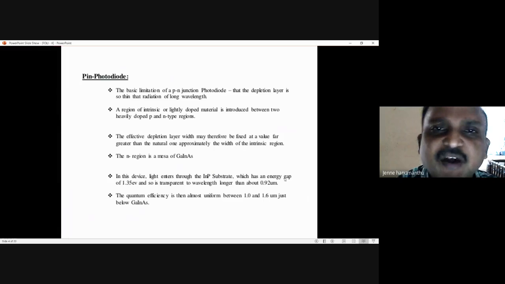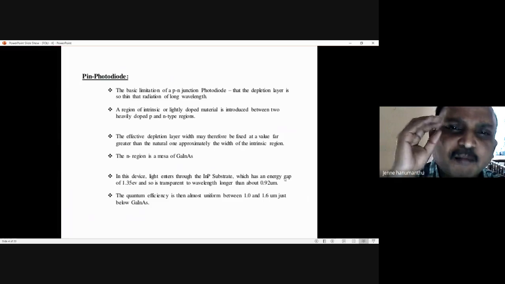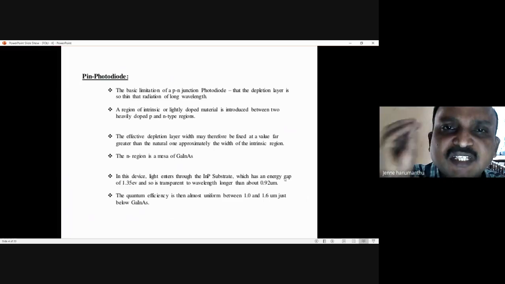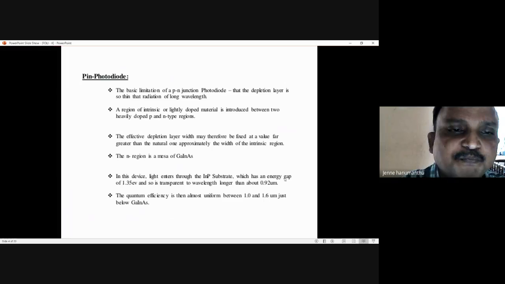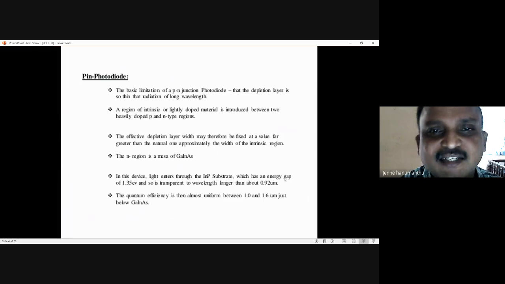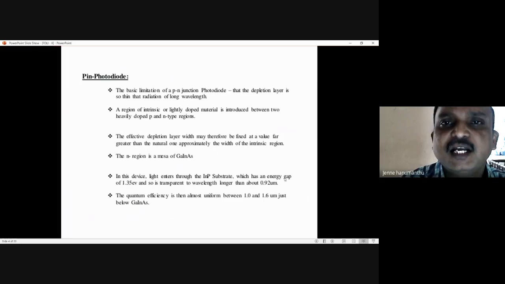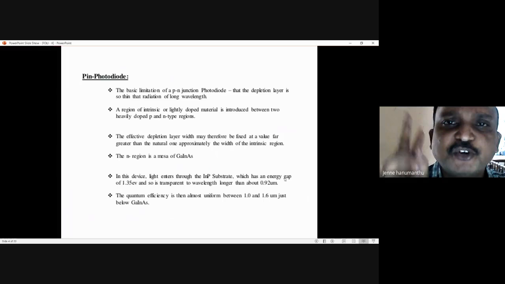We have a number of optical detectors like PIN diode, avalanche photodiode, phototransistors, photomultipliers, photoconductors. But as per the syllabus, we have only two optical detectors or light detectors: number one, the PIN detector, and number two, the avalanche photodetector.